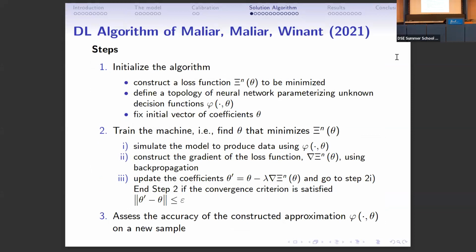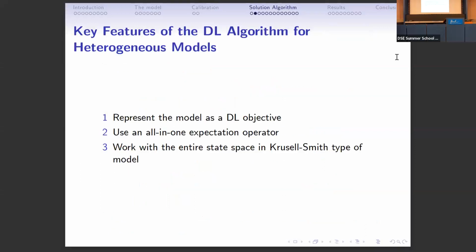Okay. Before I show my figures with the results, I just wanted to show how this all-in-one expectation operator enters the equations and why it simplifies the analysis.